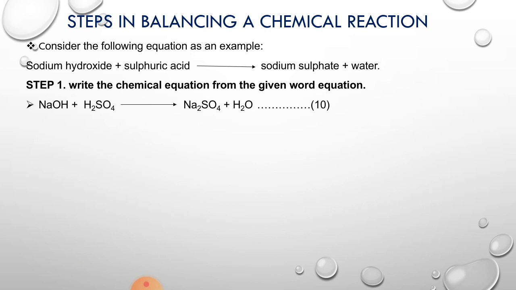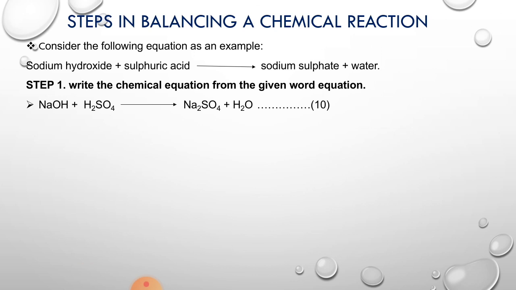So what is step number 1? Students, remember all the steps, because after that you have to complete your assignment and solve the questions related to this. So let's see step number 1. Write the chemical equation from the given word equation. The above equation is in word form because words are there.